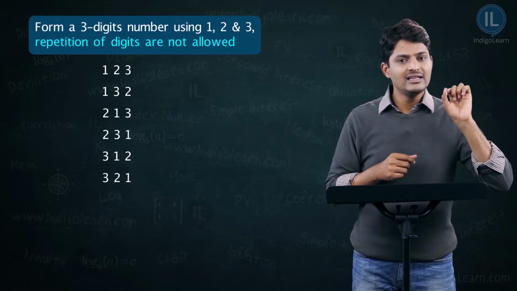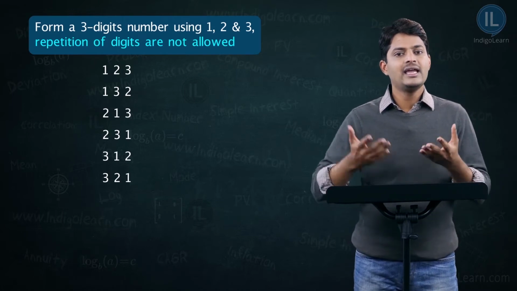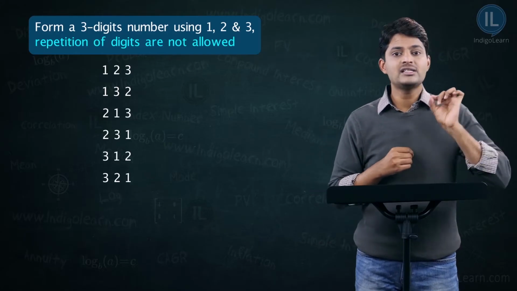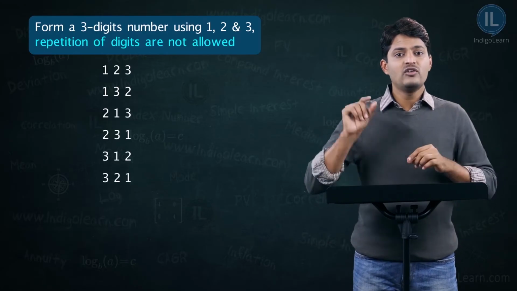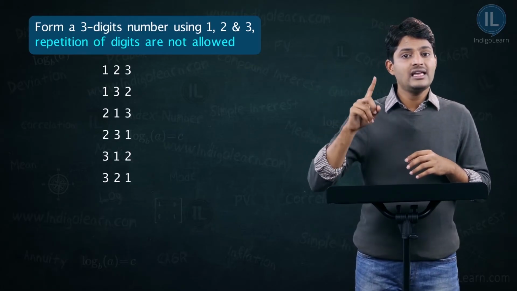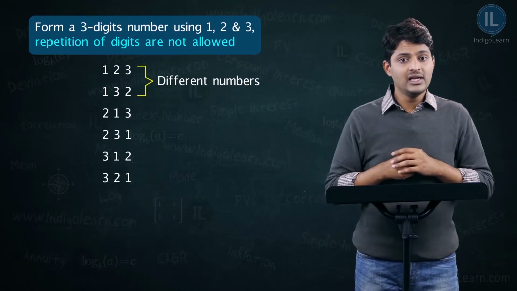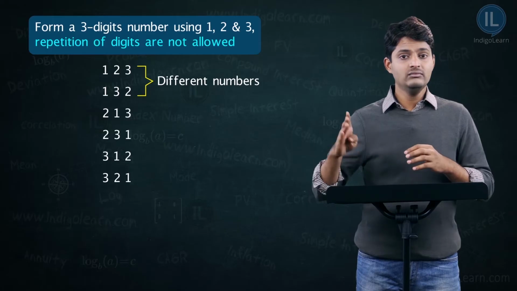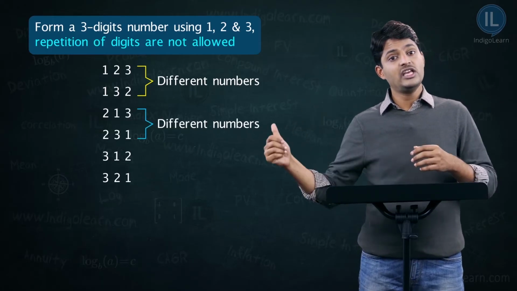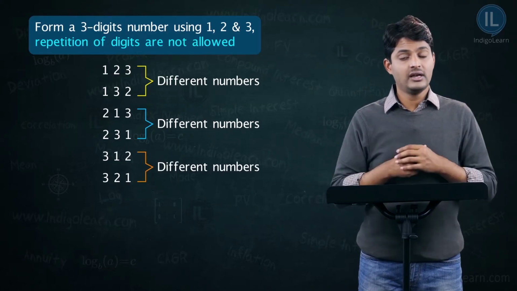You followed the exact same principle that we used when we were arranging A, B, C in 3 different positions. Here also the place values of 1, 2 and 3 are extremely important. So 123 and 132 are completely different numbers. Similarly, 213 and 231 are also completely different numbers, and 312 and 321 are also completely different numbers, right?